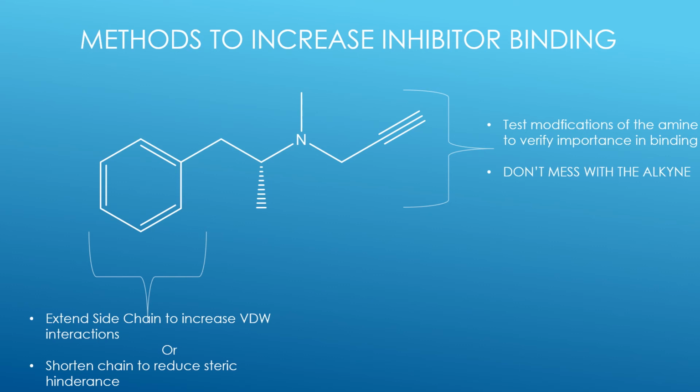It is possible we could enhance the binding interactions here by methylating, lengthening the chain, performing some ring closures, or possibly shortening the chain if lengthening the chain causes too much steric hindrance.